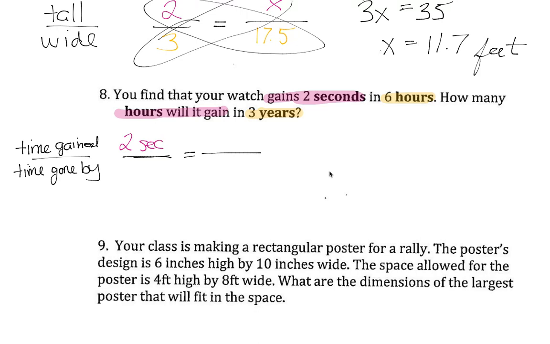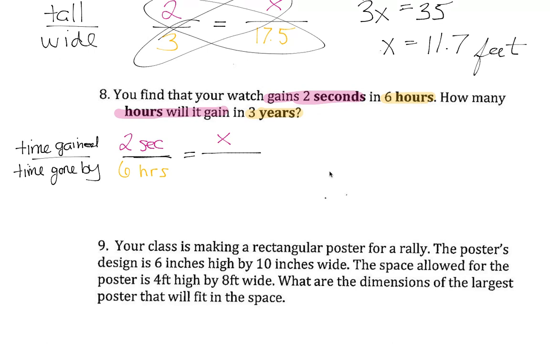You can put the units in there if it helps you keep track of them as well. 6 hours. So when I put my X in here, even though it's asking me for hours, it's going to give me seconds. So after that's done, we'll do the work to turn it into hours.